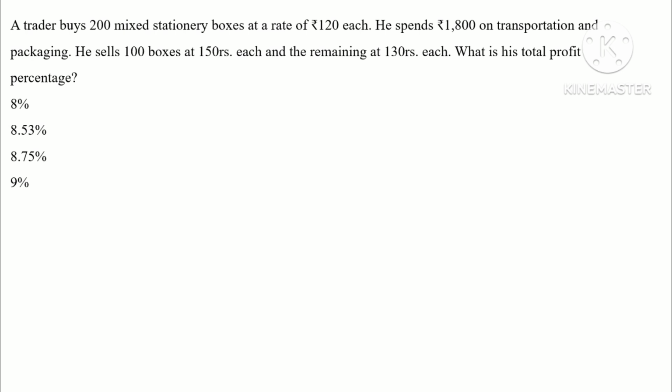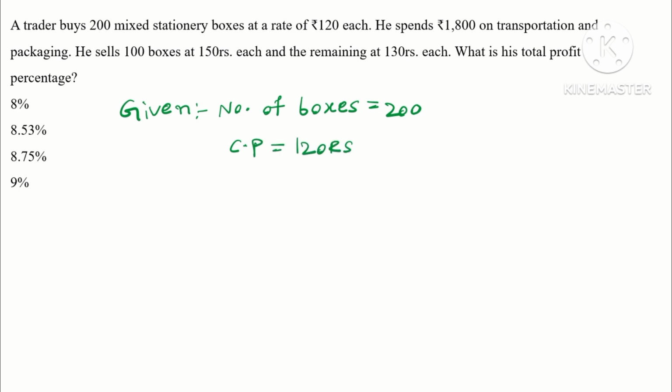So, in this question, they have given number of boxes equals 200, and cost price of each box is 120 rupees. Extra expenses 1800 rupees.